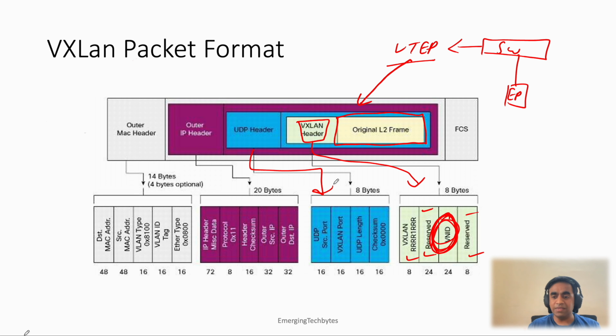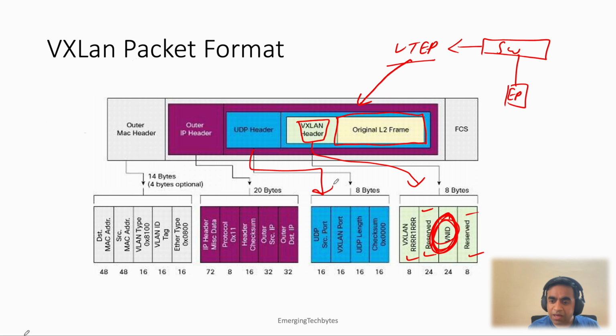Take a step back and see how a router or a switch load balances the packet. It does this based on the source IP, destination IP, port information, and so on.